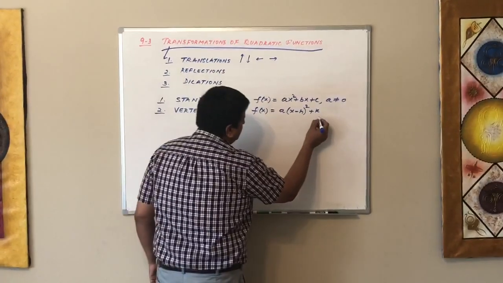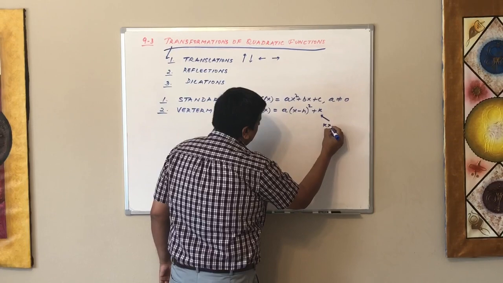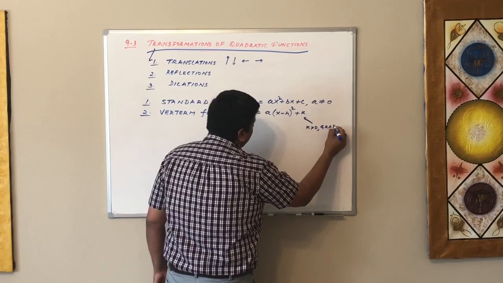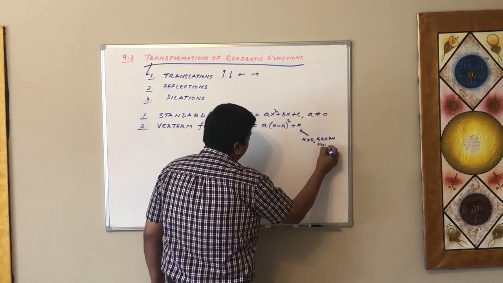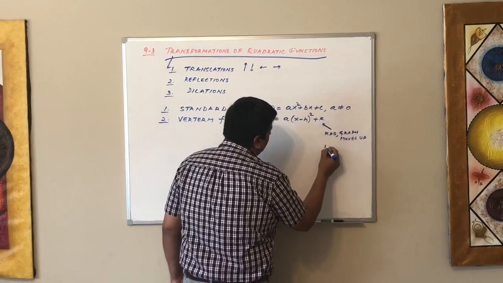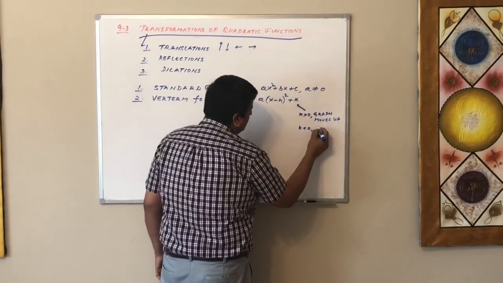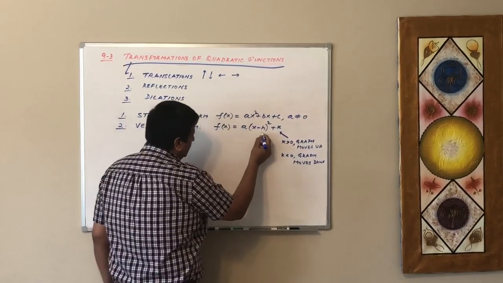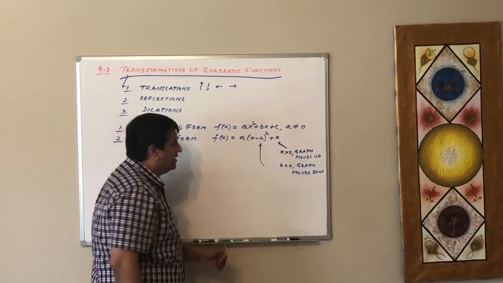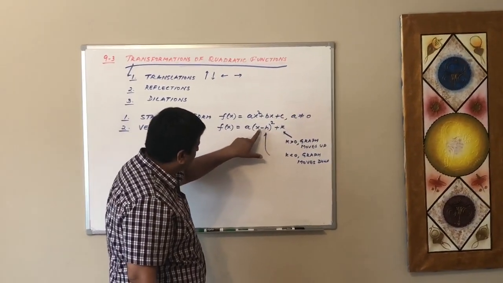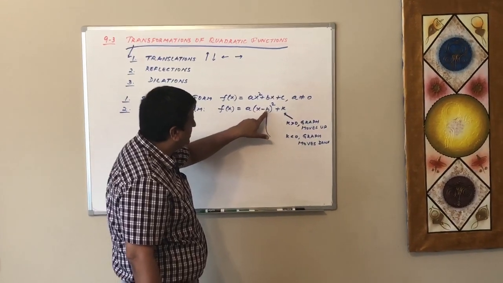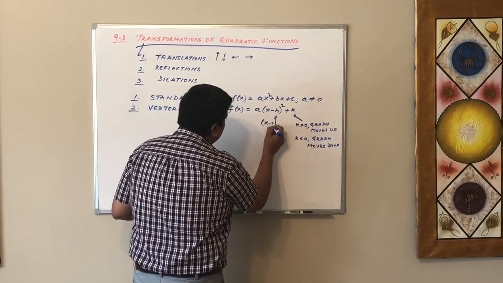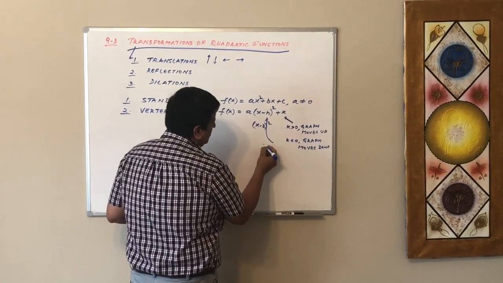For example, this k, if it is positive, the graph of the quadratic function moves up. And if k is negative, or less than 0, the graph moves down. This h, if it is a positive value, for example, (x - 2)², if it is like this, then the graph is going to go right.